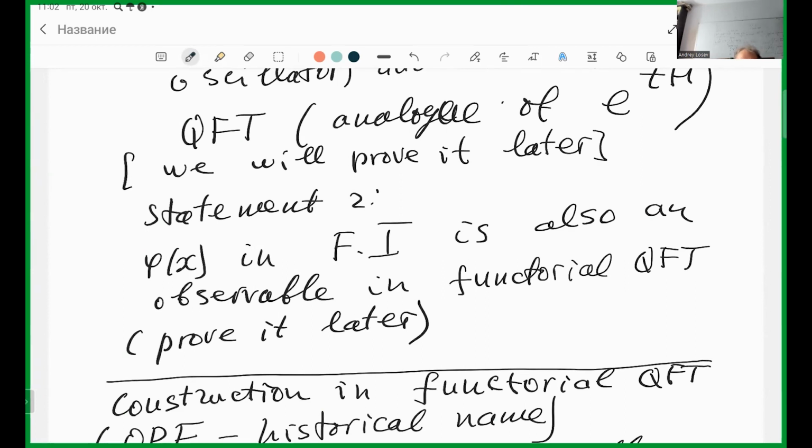You may ask why I'm explaining it in this order. Because if I do it in the opposite order, namely, I work out this phi of x in functorial and in Feynman, you would say that I'm just doing trivialities, because everybody knows that it works.